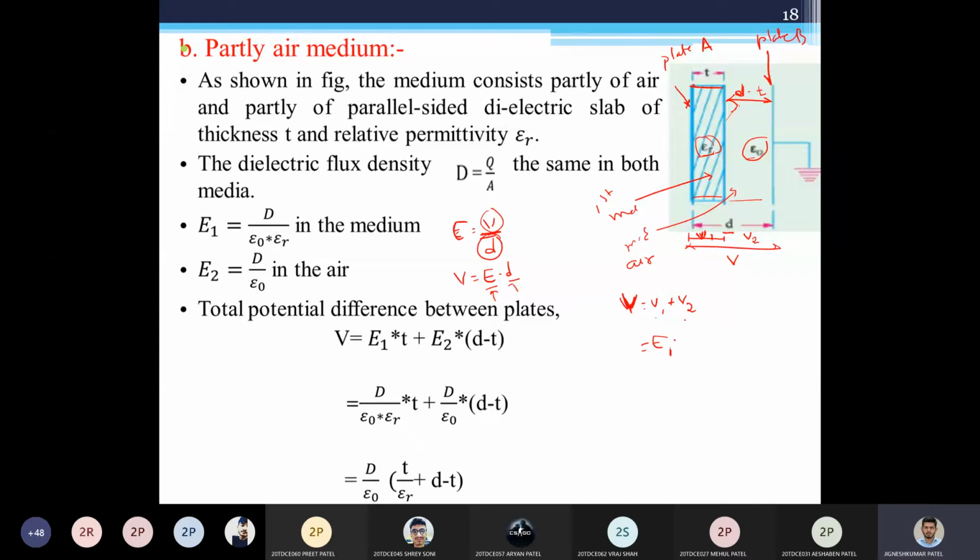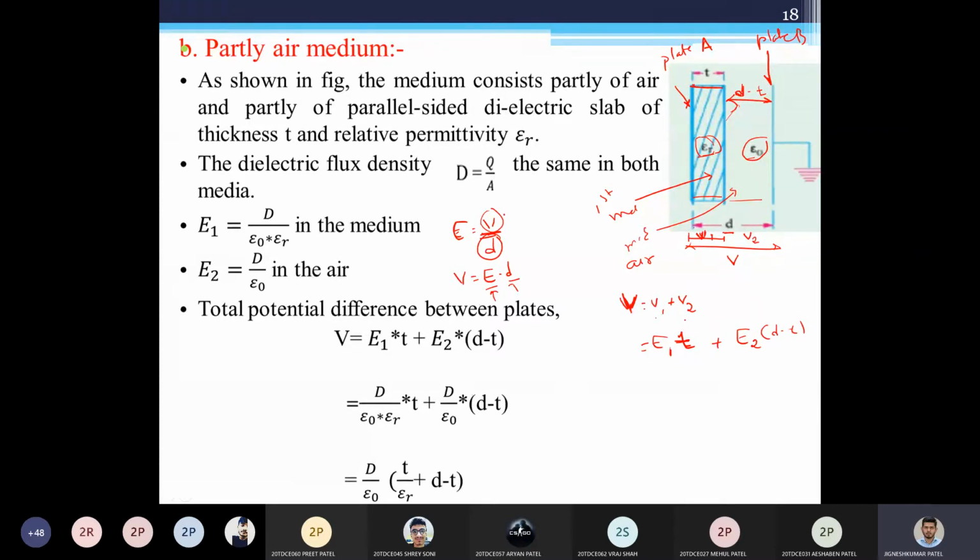So I'll write E1, and the thickness I know is T. So I could put E1 into T plus E2, and the thickness of the second media is D minus T. So this is the equation: V is equal to E1 into T plus E2 into D minus T.